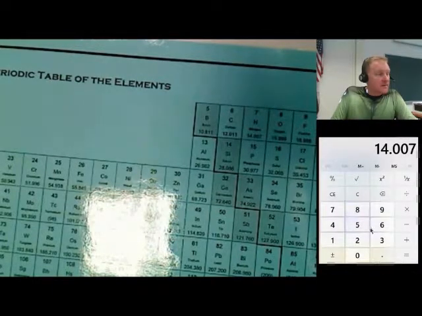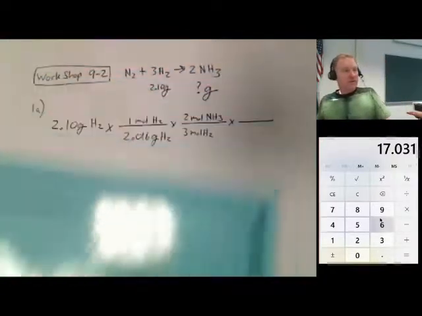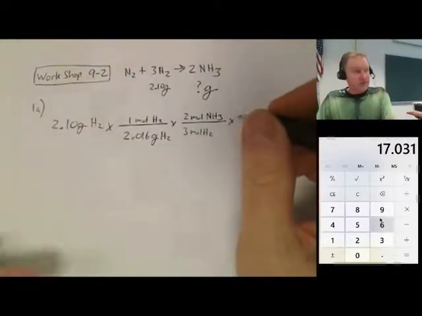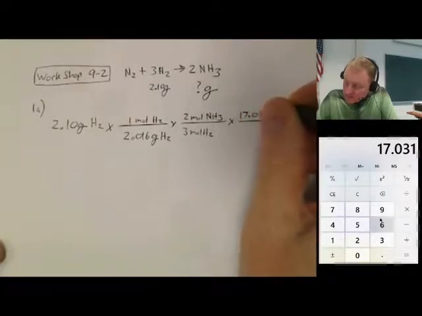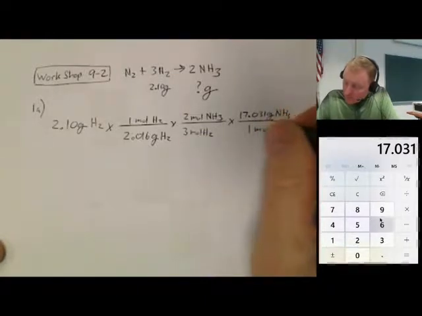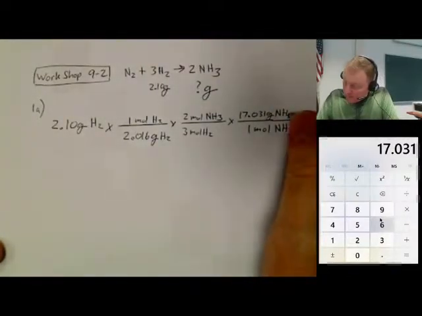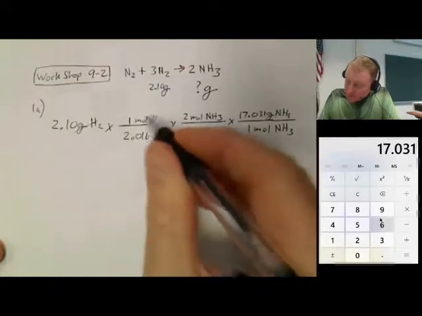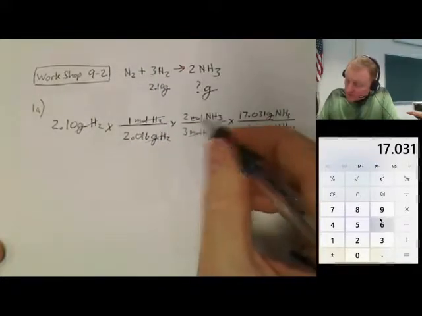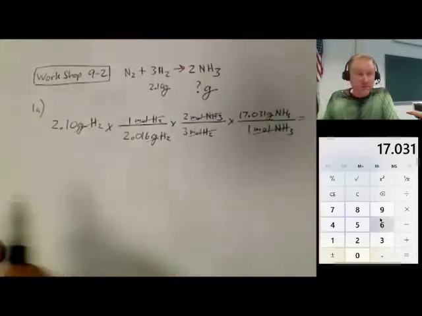So 1.008 plus 1.008 plus 1.008, and that's our molar mass for ammonia, which is 17.031 grams of ammonia for every 1 mole of ammonia. So what we've done here is we have converted grams of hydrogen into moles of hydrogen, which turns into moles of ammonia, which then turns into grams of ammonia.